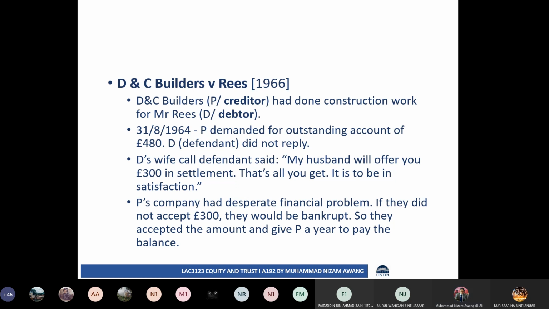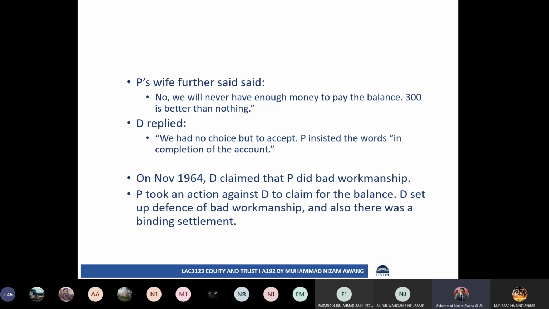So they accepted the amount and gave the debtor 1 year to settle the remaining balance, which is £180. But the wife of the debtor insisted that they would never pay the remaining balance.